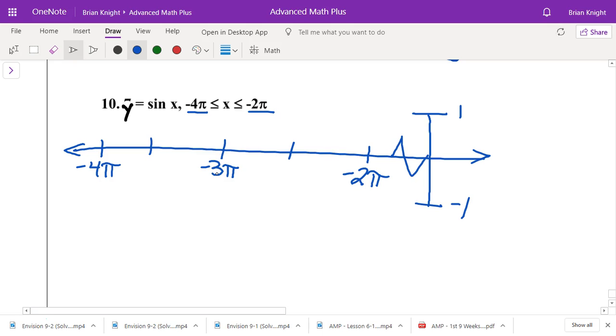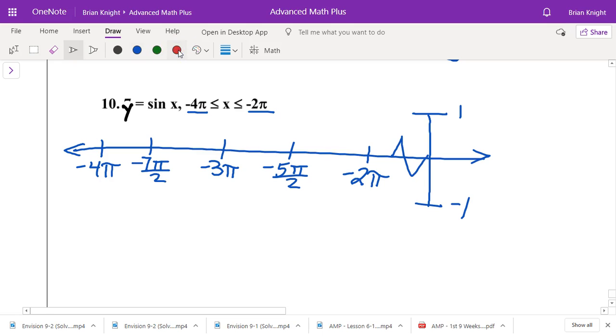Okay? What comes in between -3 pi and -2 pi? -5 pi over 2. And again, I'm just getting that by adding -3 and -2. Everybody with me? What comes in between -3 pi and -4 pi? -7 pi over 2. Okay?